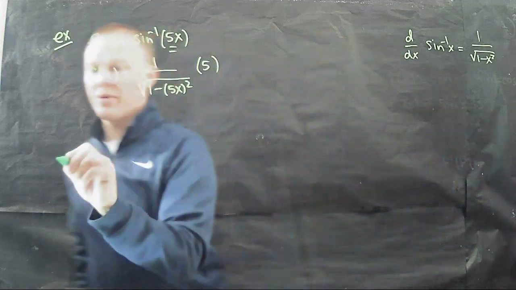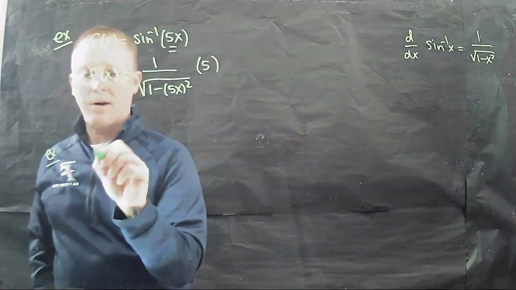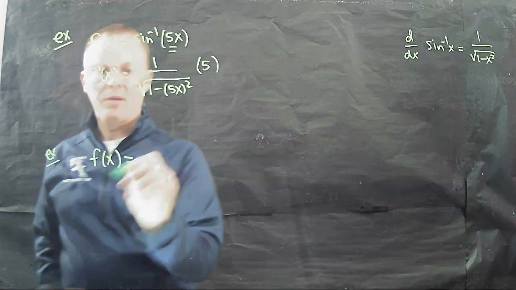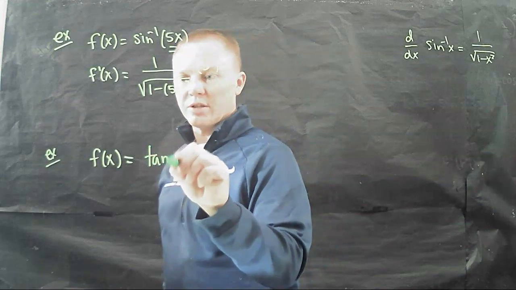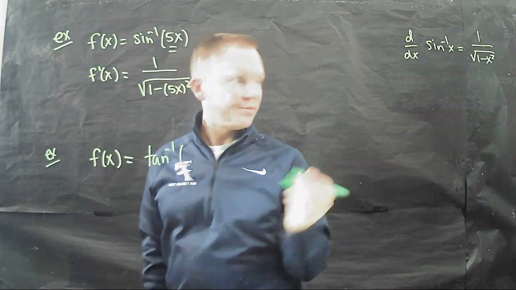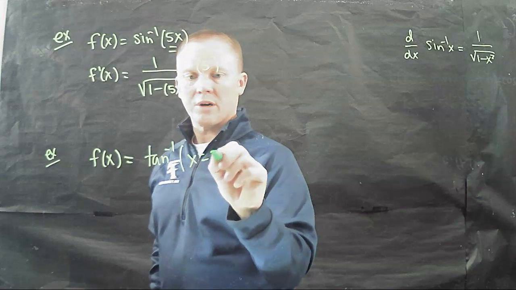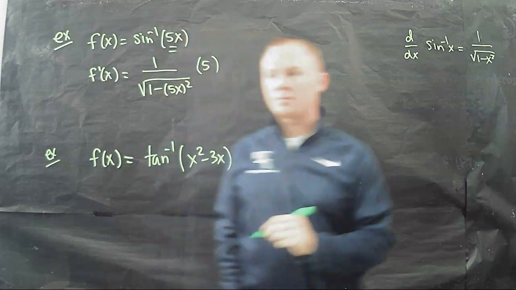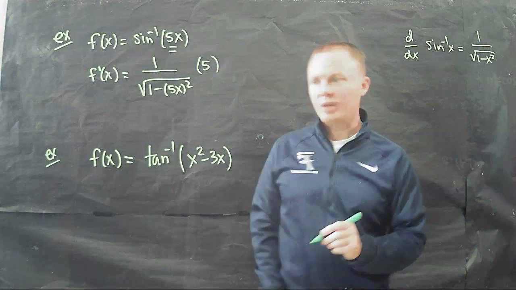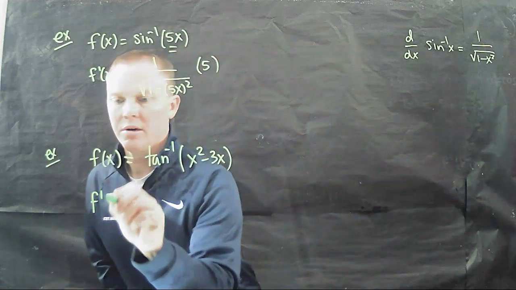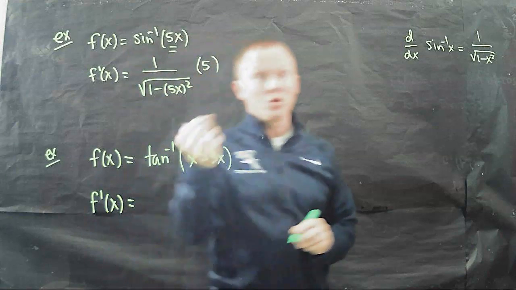Okay? Let's try another one. How about f of x is the inverse tangent of x squared minus 3x. Okay? Derivative of inverse tangent of x squared minus 3x. So here we go. Now the only way this works is you got to know that formula.